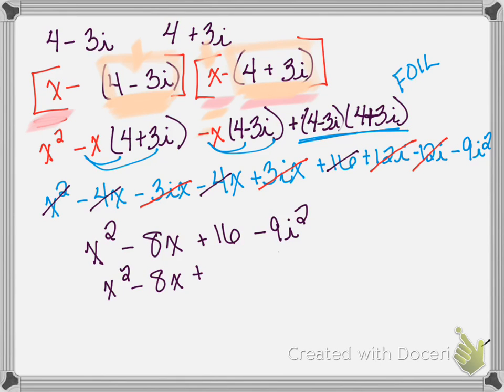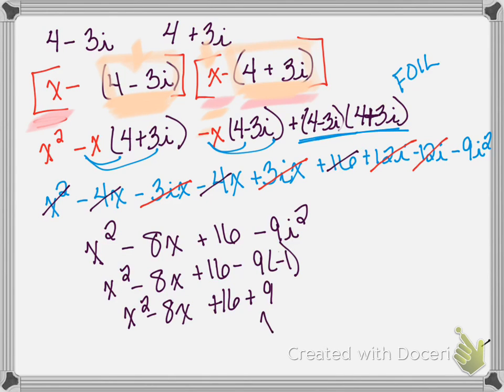So I have negative 9 times negative 1, so I end up with positive 9 right there. And when I add those two like terms, my final answer is x squared minus 8x plus 25. This is the polynomial that has 4 minus 3i and 4 plus 3i as solutions.